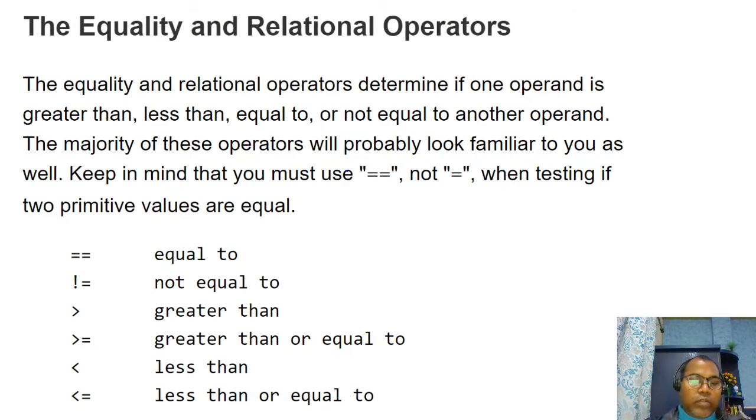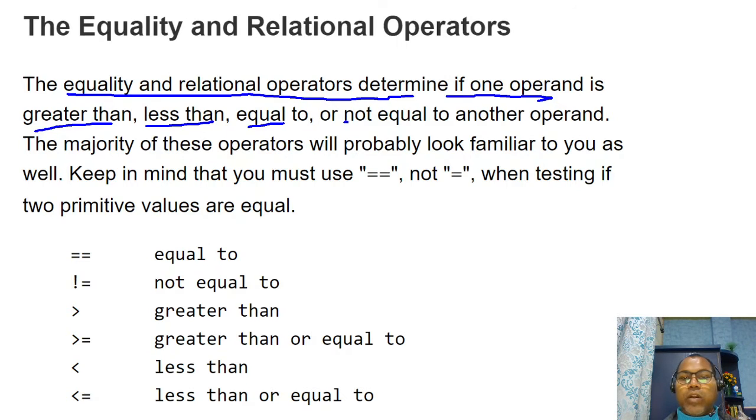Next we talk about condition check operators, like equality and relational operators. They determine if one operand is greater than, less than, equal to, or not equal to another operand. Sometimes we use this double equal to.